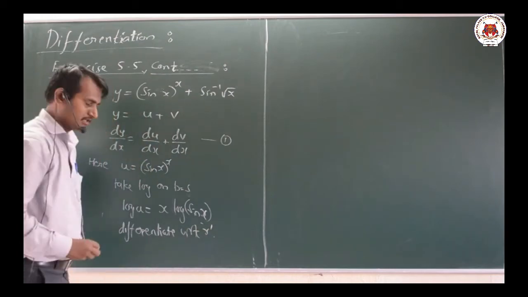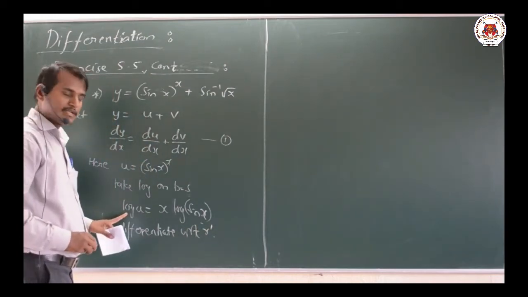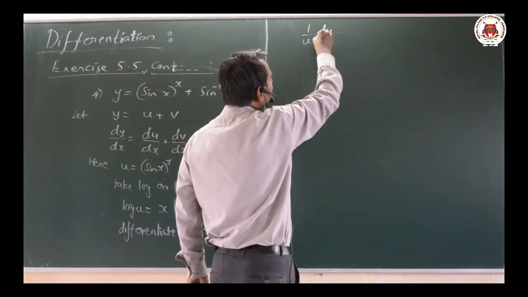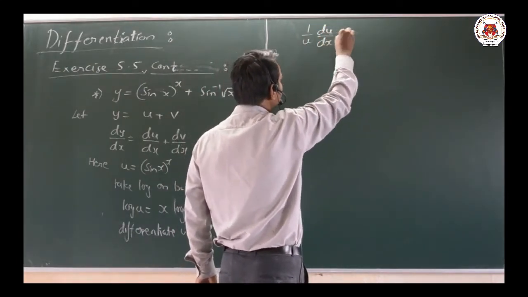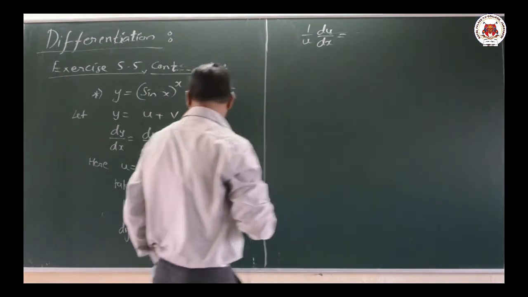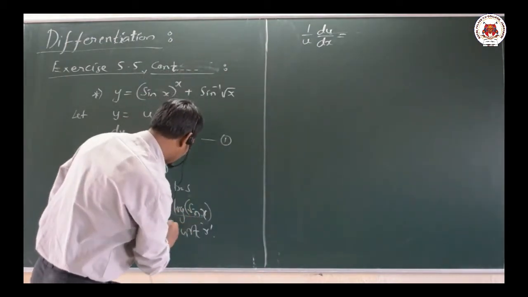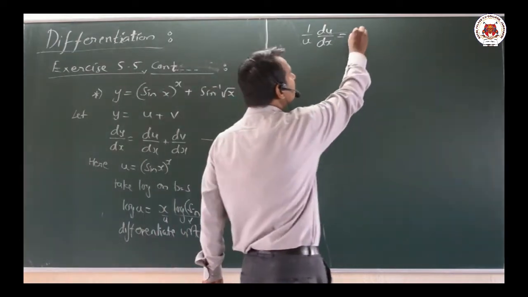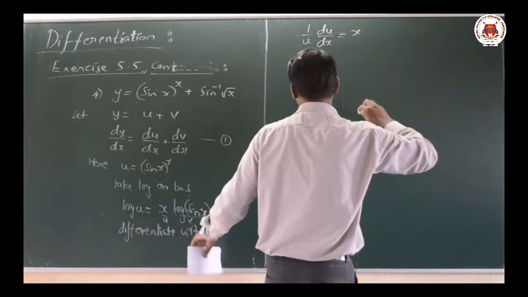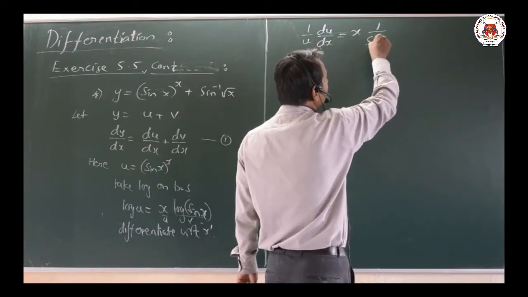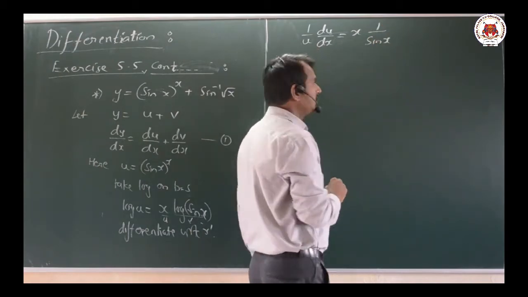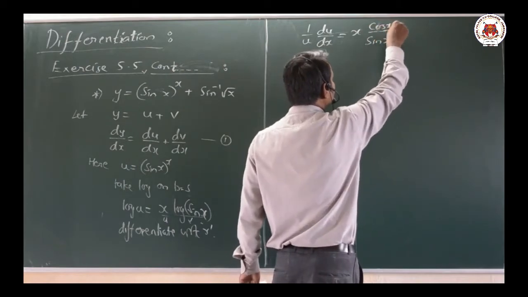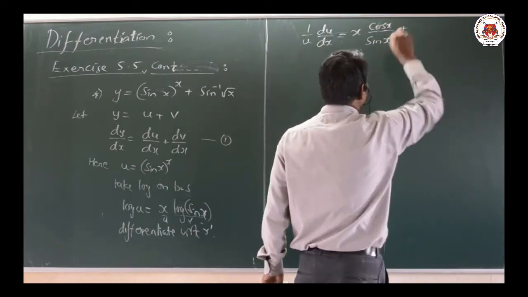So what we get here, log u differentiation will be 1 by u into du by dx, which is equal to, here you have to differentiate by parts: x as it is, differentiation of log of sin x is 1 divided by sin x, further differentiation of sin x becomes cos x, plus log of sin x as it is into further differentiation of x, which will be 1.